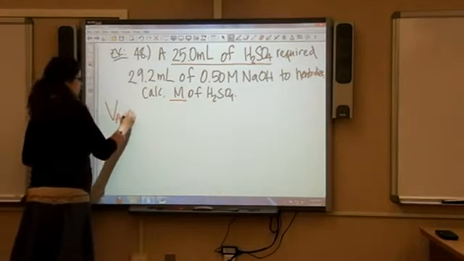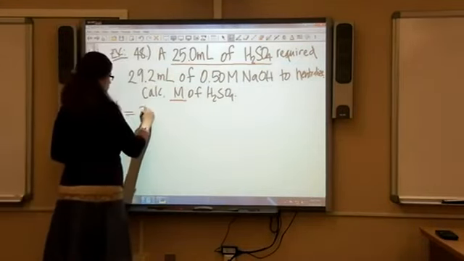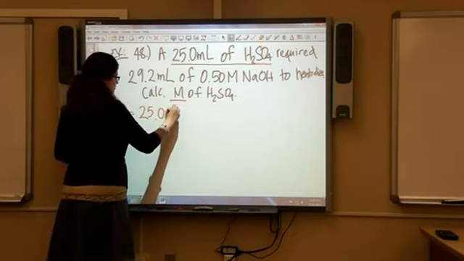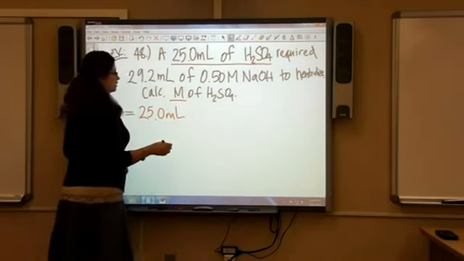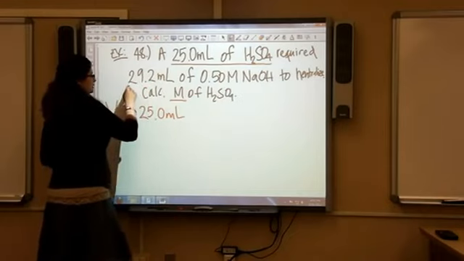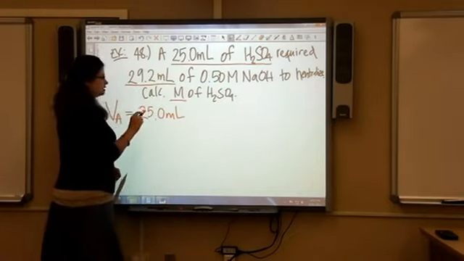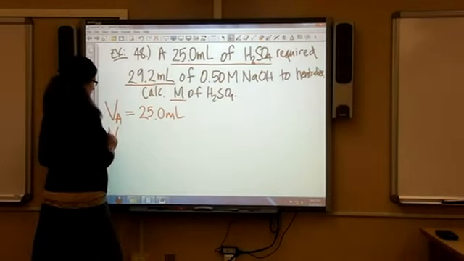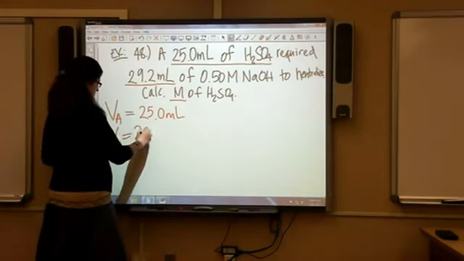So that is VA. VA equals 25.0 milliliters. Now we get some more information here. Required. Oh, that's another volume. Is that acid or base? Well, you already picked your acid, so it has to be the base. Just use a little process of elimination there.